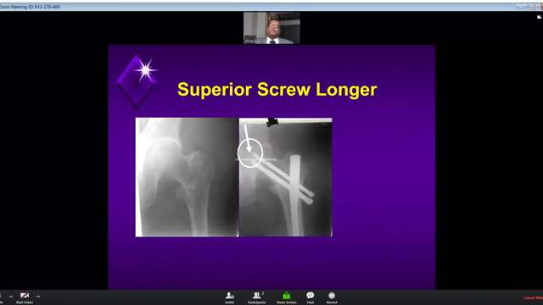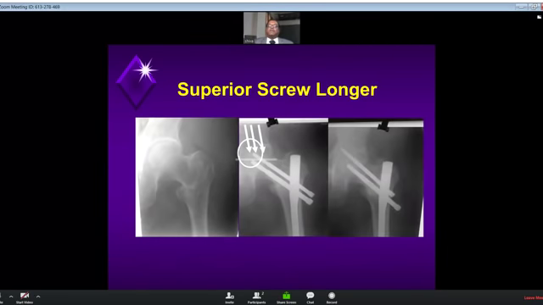But if the superior screw is longer, it takes the load first, and that will cause varus deformity at the fracture site, leading to jamming of the superior screw and causing it in turn to migrate inside or break. That's the most common factor I come across in these cases of Z effect.